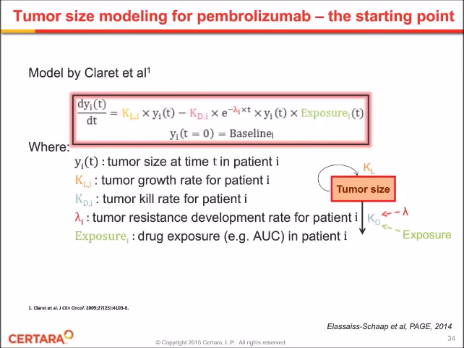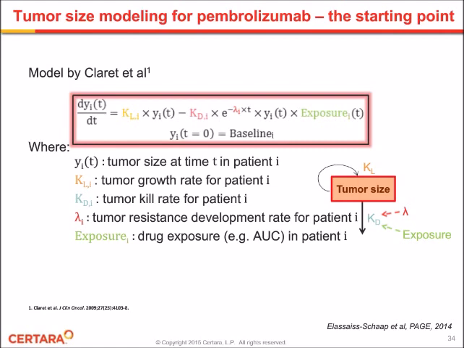again, for pembrolizumab, where the starting point for model refinement was a model developed by Laurent Claret, one of my colleagues at Certara, and this is, in the meantime, a quite established model to describe clinical tumor size responses, which describes the change in tumor size over time as a function of a tumor growth rate and a tumor kill rate.